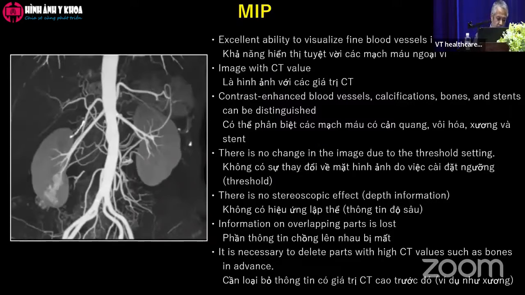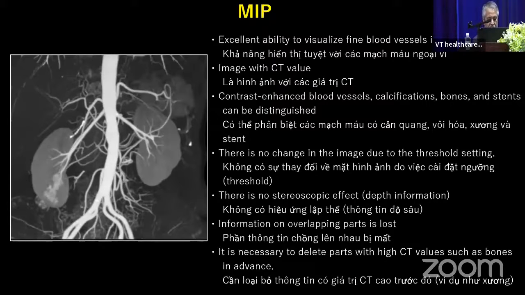This is MIP created from abdominal CT angio. CT makes it possible to create almost the same image as angio and avoid invasive examination. It distinguishes between contrast agent, calcification, bone, metal, etc., to view tissue with high CT value.